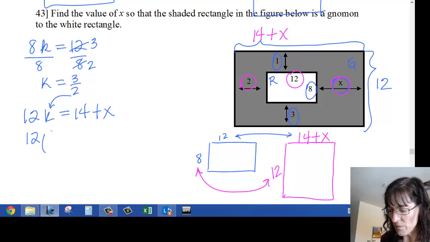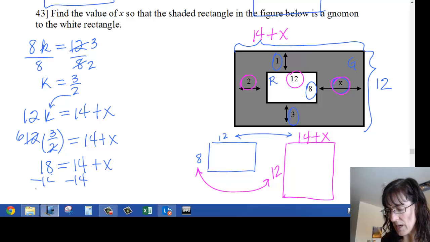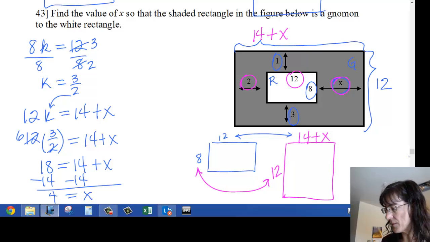So I have 12 times 3 halves, so the 2 goes into 12 6 times equals 14 plus x. Then I have 6 times 3, that's all that's left on the left-hand side, so I have 18 equals 14 plus x, subtract 14 from both sides, and I have 4 equals x.